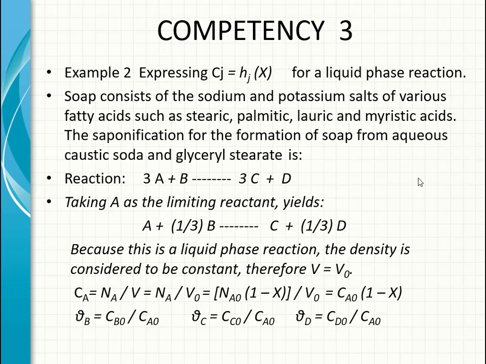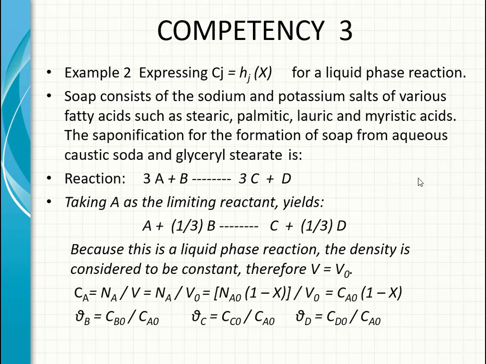Soap consists of the sodium and potassium salts of various fatty acids such as stearic, palmitic, lauric, and myristic acids. The saponification for the formation of soap from aqueous caustic soda and glyceryl stearate is the reaction 3A plus B gives 3C plus D.